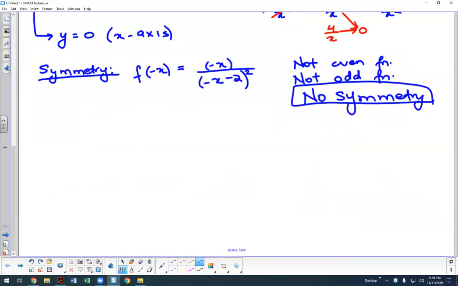Then we want to check and see if we have any x or y intercepts. So let's start by finding our x-intercepts next, which is where we make our y value 0. Making our y value 0 will basically end up giving us 0 equals x over x minus 2 squared, right? Just replacing the f of x with the 0, keeping our function as it is. And what do you think happens for the x-intercept here? How will I go about solving for it?